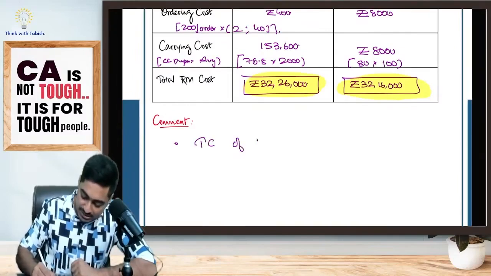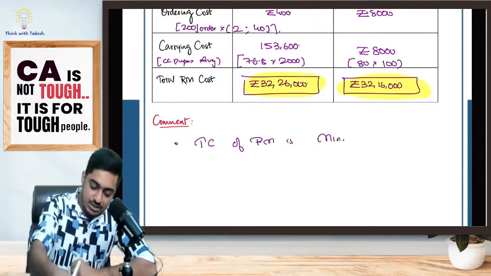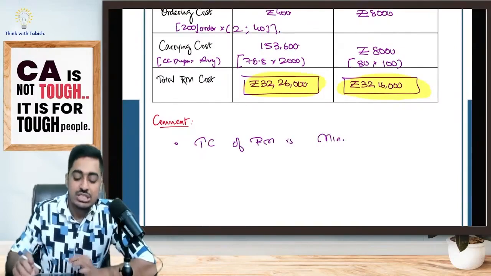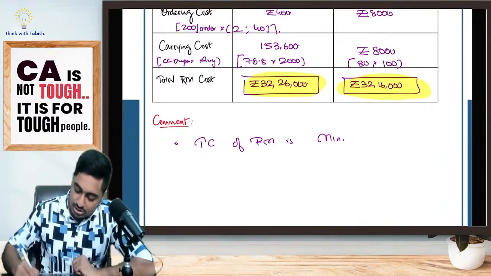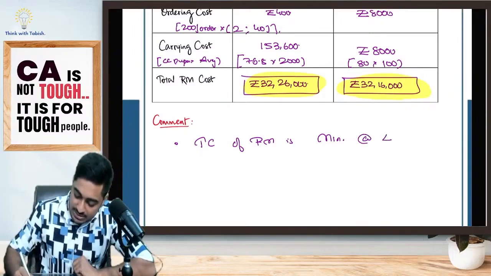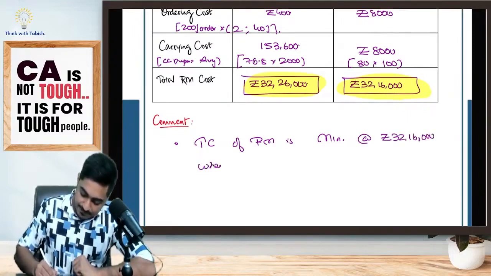Total cost of raw material is minimum. What is the question telling? Calculate EOQ. State whether quantity discount offer can be accepted. Yes, total cost of raw material is minimum at rupees 32,16,000 when EOQ is opted.